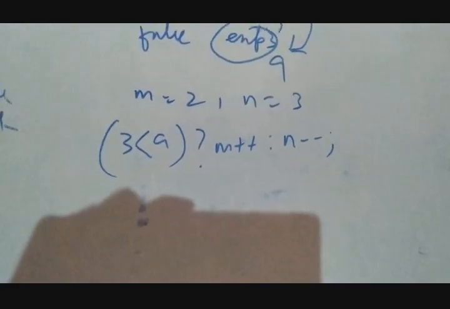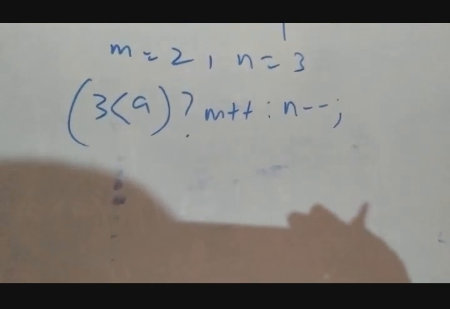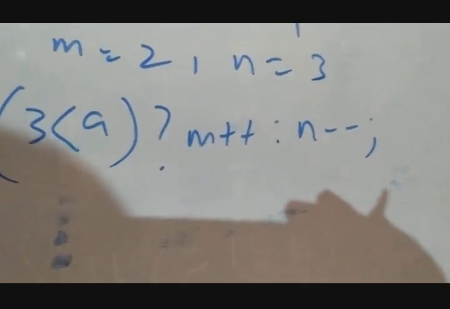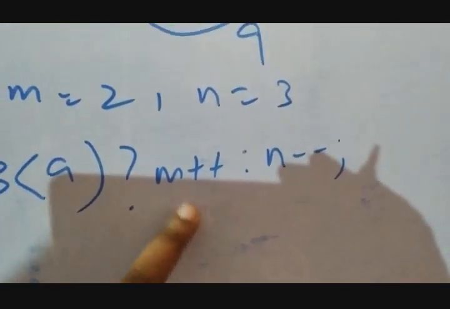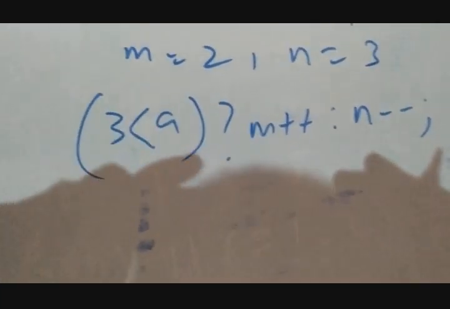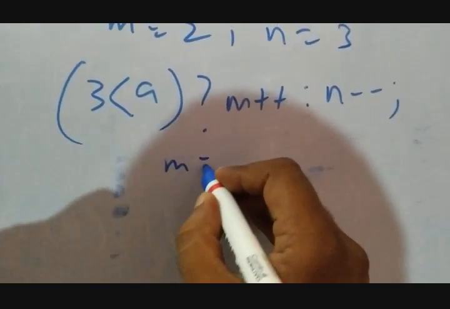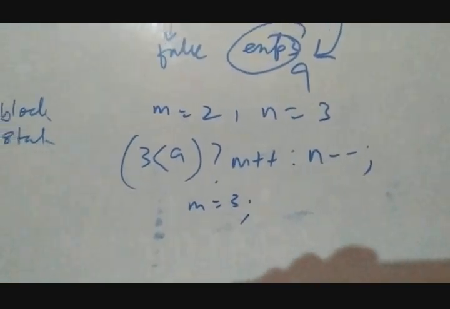Now what will happen here? So m plus plus, the value has to be increased by 1, or n minus minus, the value has to be decreased by 1. Are you getting it? So depending upon the condition, 3 is less than 9, true. So who will get executed? m plus plus will get executed. So what will be the m value? Now the m value changes to 3. This is what the ternary operator is.